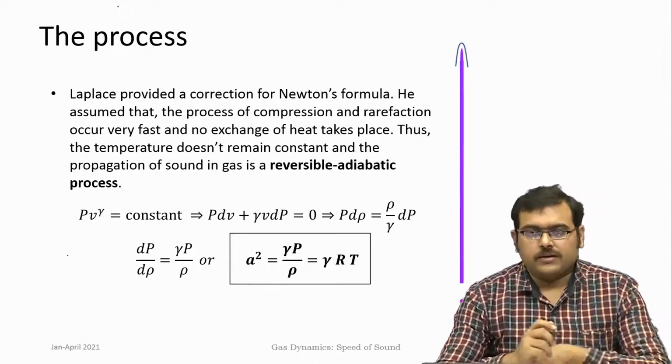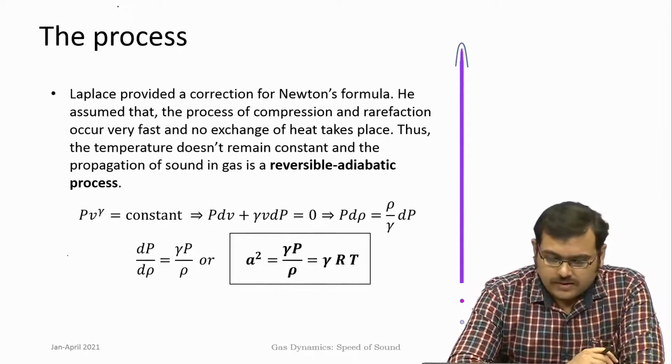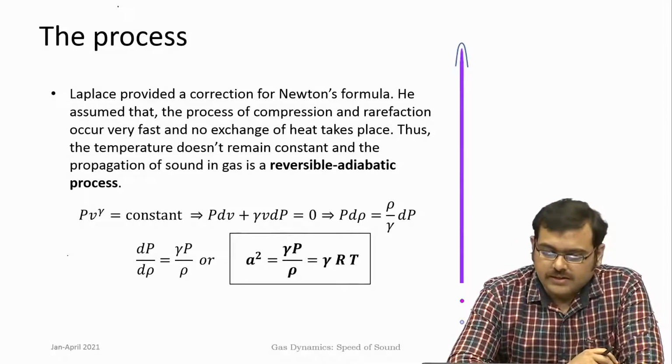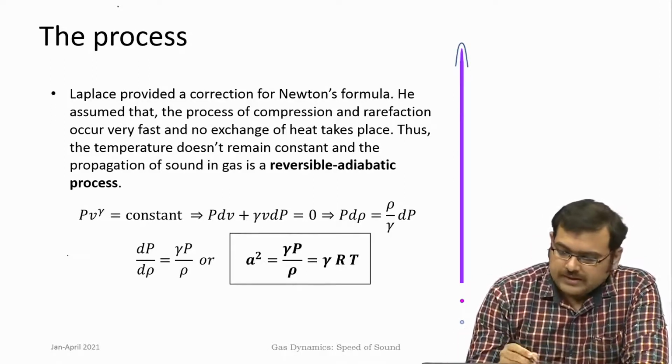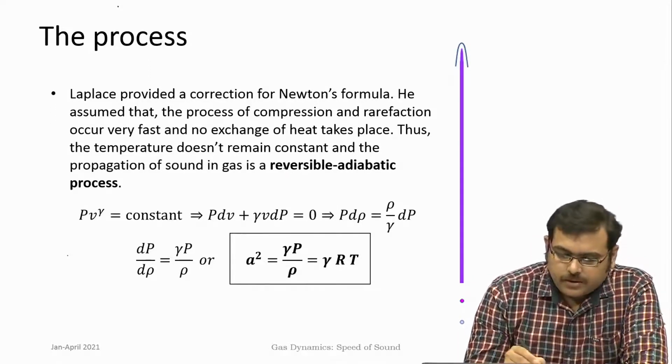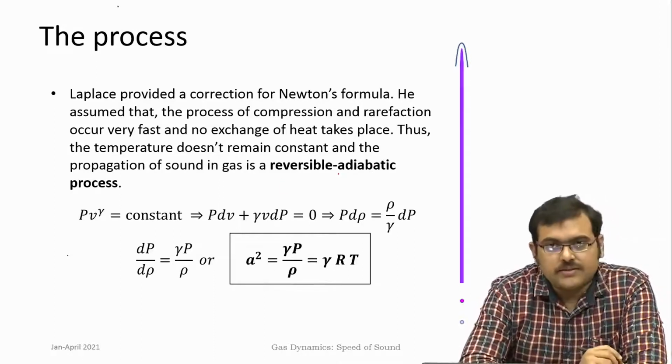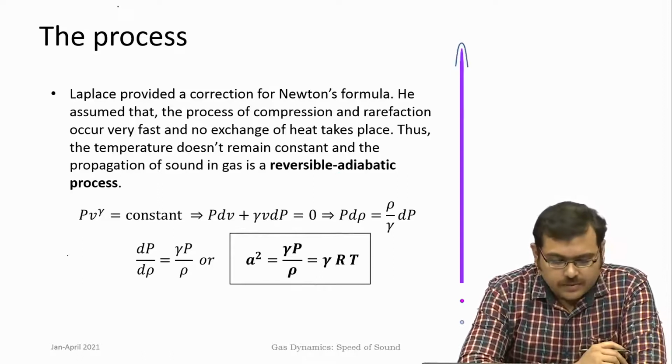But the speed with which sound travels is quite fast, and there is no time for such heat exchange to take place. So then the appropriate thermodynamic process is a reversible adiabatic process, that is an isentropic process.